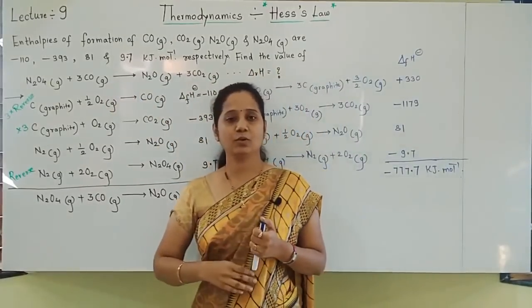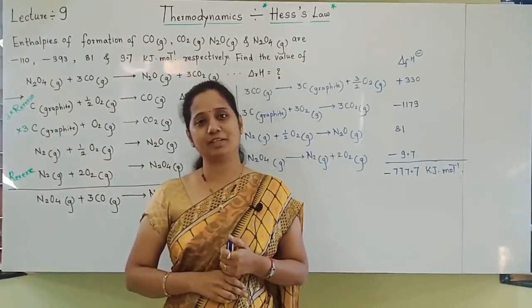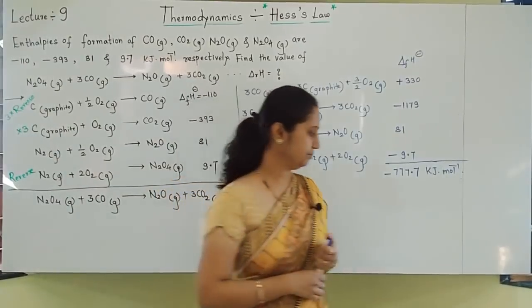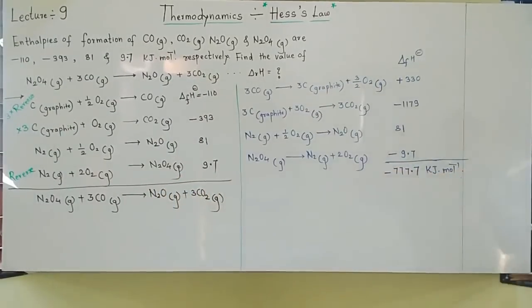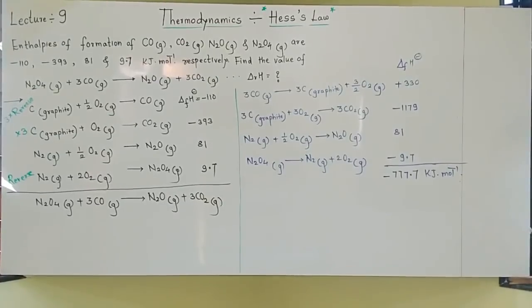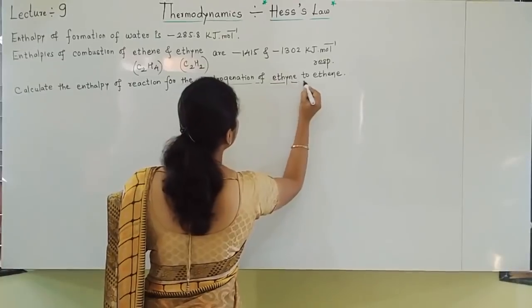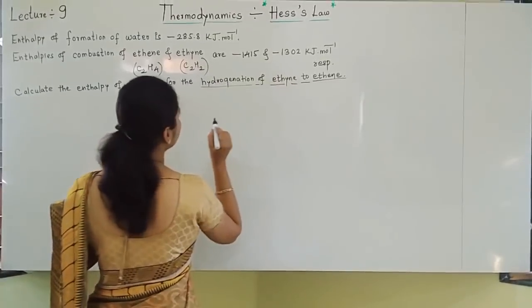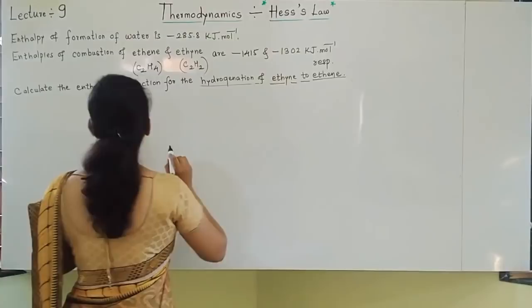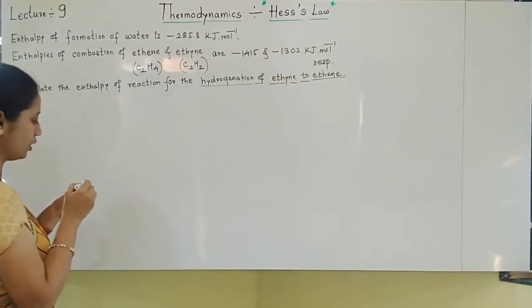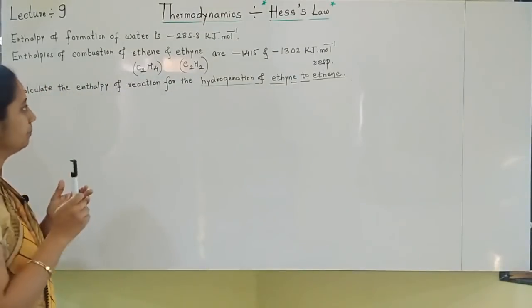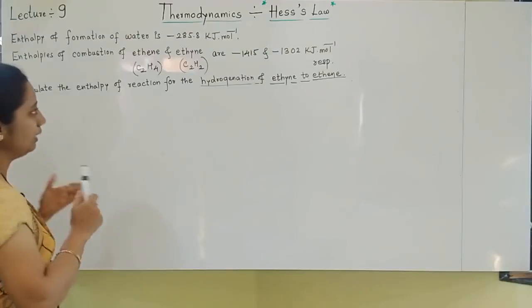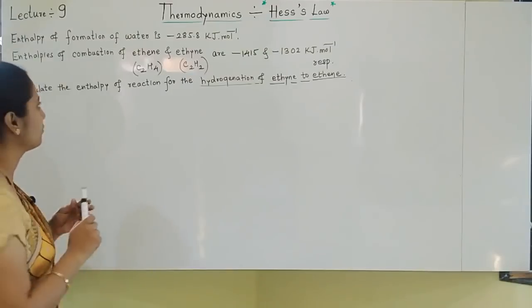Okay. So let us take one problem for homework. Okay students, see here, take this question for homework, solve it, then in next video I will tell the answer for this.